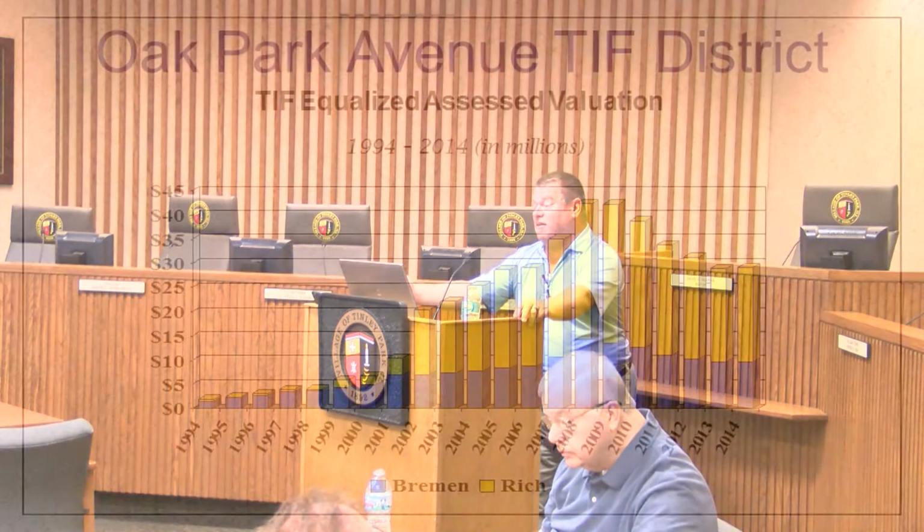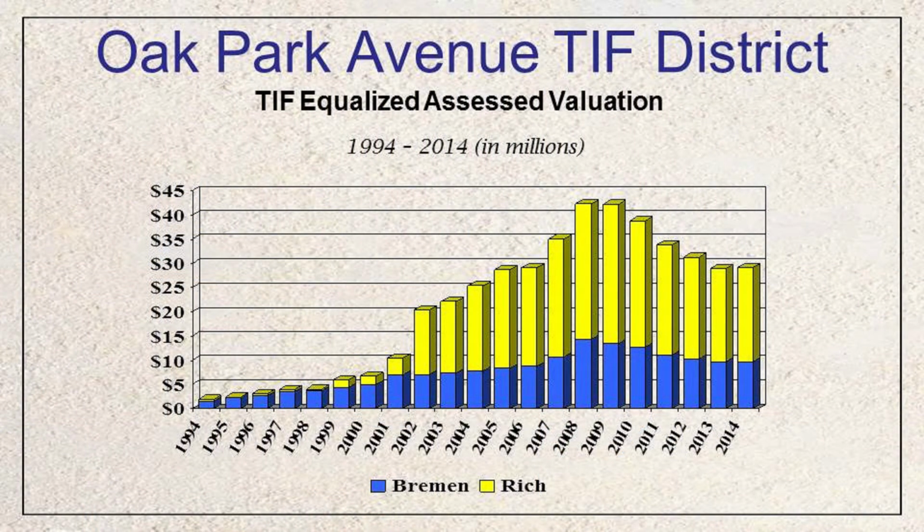Now we start to get into the nuts and bolts. Here's the EAV over time. You'll see a similar pattern in these charts as we continue through, where they all peaked around 2008, 2009, and because of the recession, the values have gone down. But the positive takeaway here is that 2013, 2014 has leveled off and stabilized within this TIF.